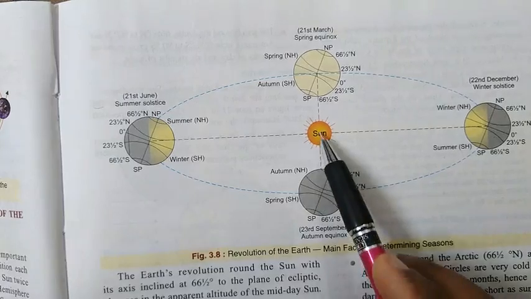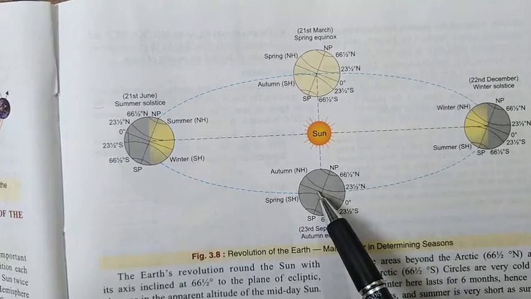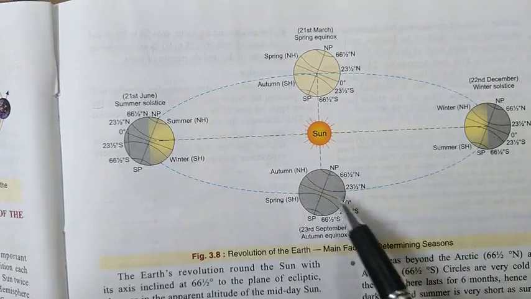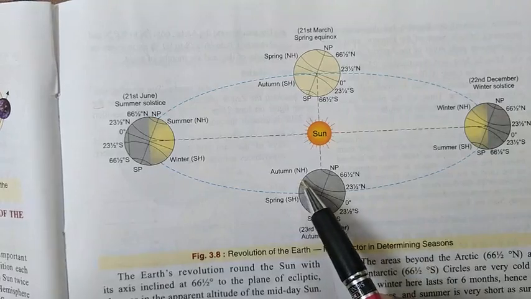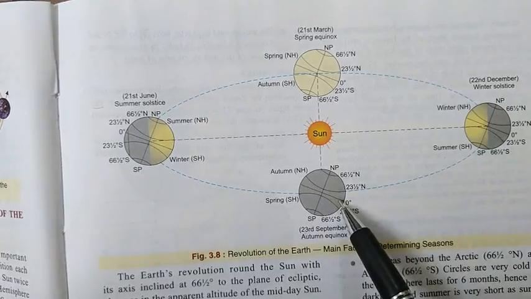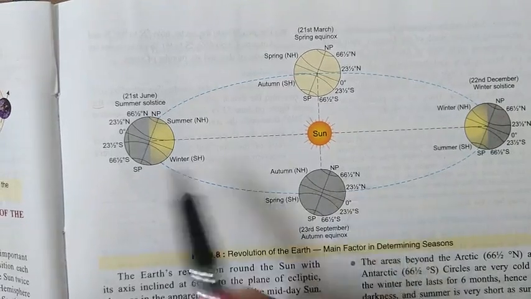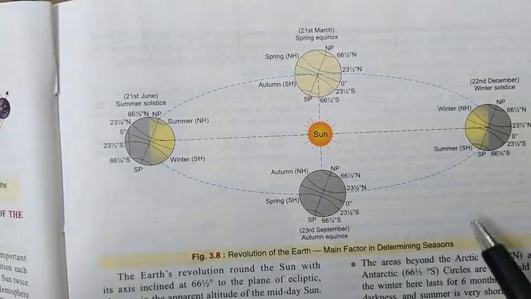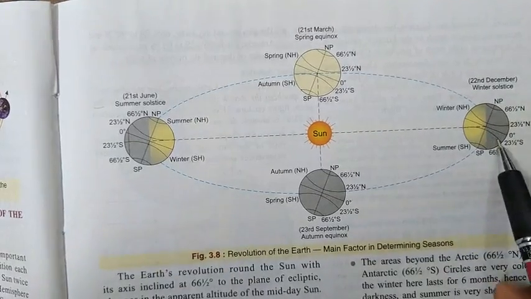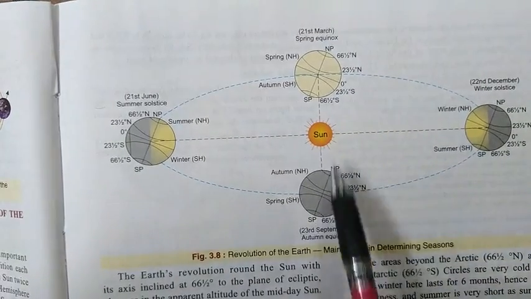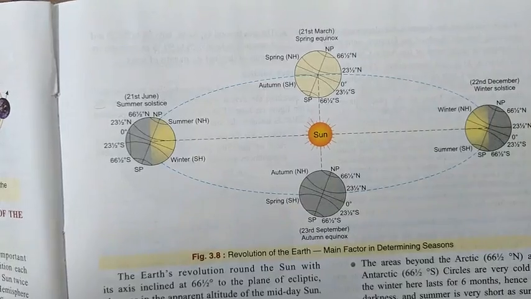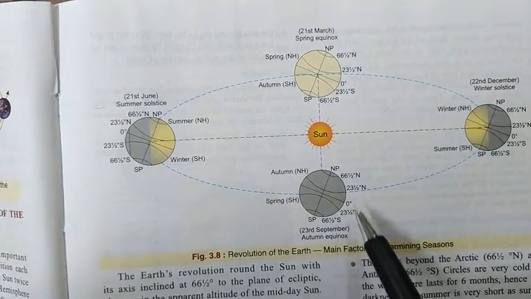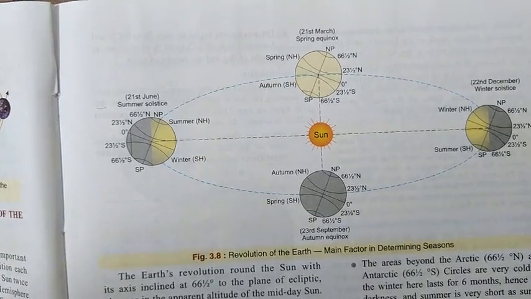Here the sun rays are again falling vertically on the equator, but as the northern hemisphere experiences the autumn season, this is called the autumn equinox. So these are the 4 positions: the summer solstice, the winter solstice and 2 equinoxes, the spring equinox on 21st March and the autumn equinox on 23rd September.